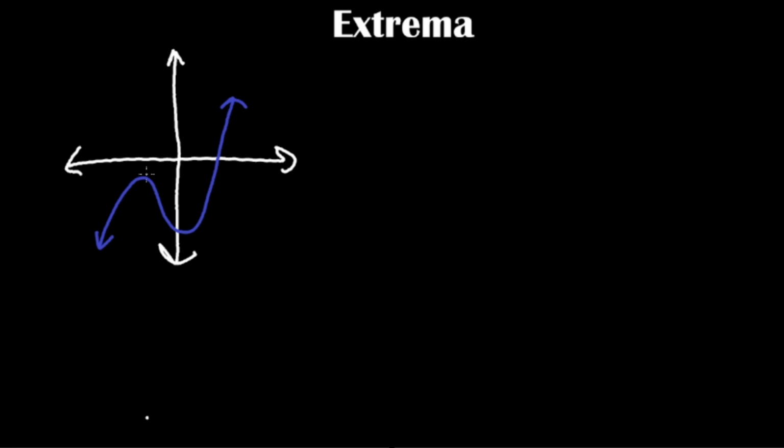But you can see in this little zone right here, it does have a maximum. But because it's not the absolute maximum of the function, it's called a local maximum. Technically, this function has no absolute maximum or minimum because it's just going to keep increasing and keep decreasing on its ends.